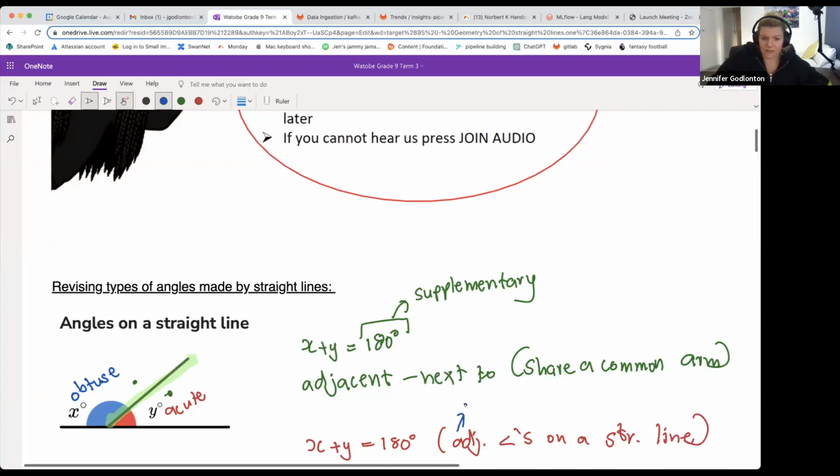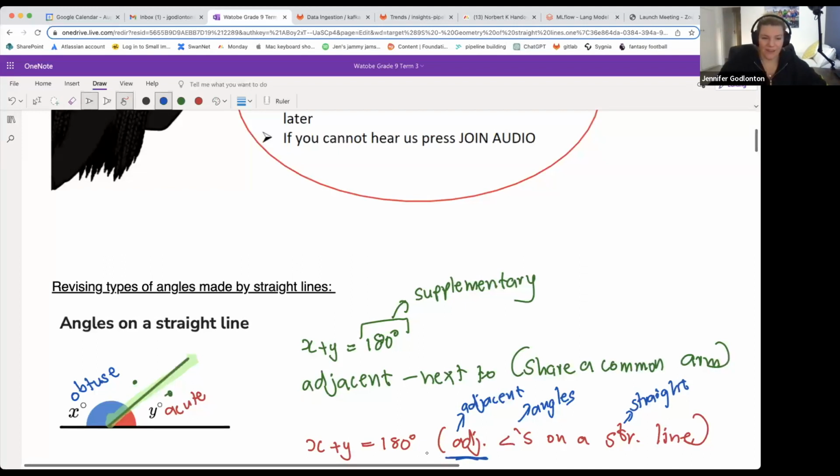So that's just saying adjacent, that is saying angles, that is saying straight, and line is saying right. Your teachers allow anything. It's like the Wild West there. Not all of you have to write adjacent. It depends on your teacher. You can just say angles on a straight line if they don't mind, but there you go.